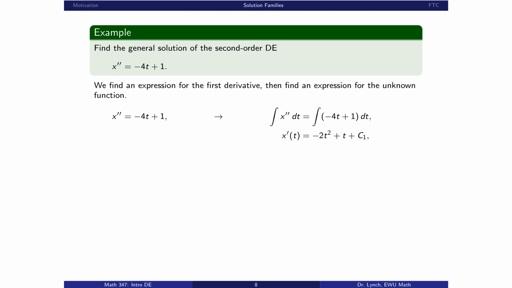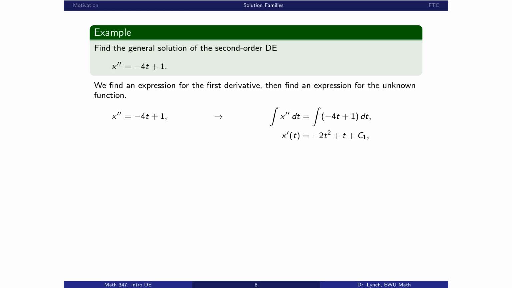So we can first solve for the derivative x prime by just integrating the second derivative x double prime. So again, integration of polynomials isn't so hard. And with the intuition that we're going to have a two parameter family of solutions in the general solution, in this case, I've tacked on a C1 to identify the general solution, x prime of t.